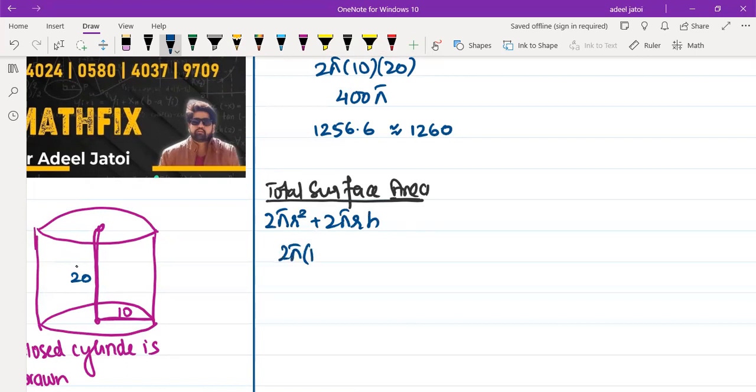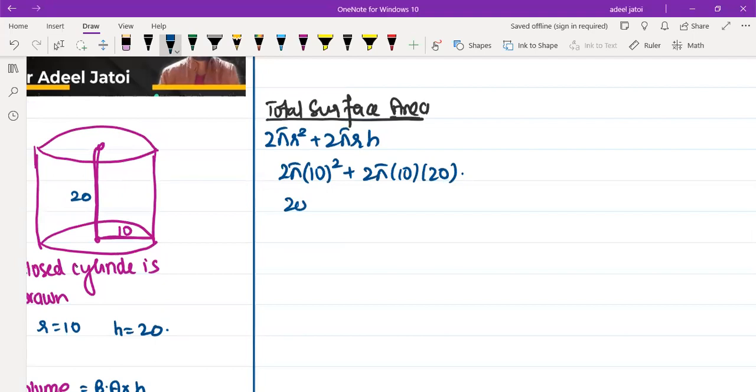So 2 pi 10 square plus 2 pi 10 into 20. 10 square is 100, 100 pi into 2 will become 200 pi.